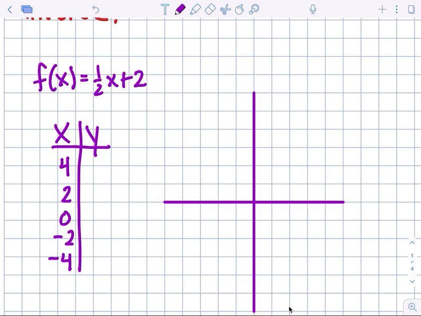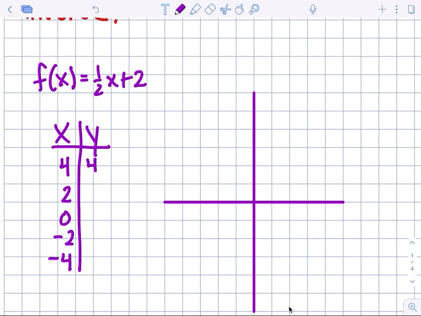I just chose the even ones, because if you plug in even numbers, you can take half of even numbers. So if you plug in 4 into this equation, 4 times 1/2 is 4 over 2, and 4 divided by 2 is 2, so this would be 2 plus 2, which is 4.